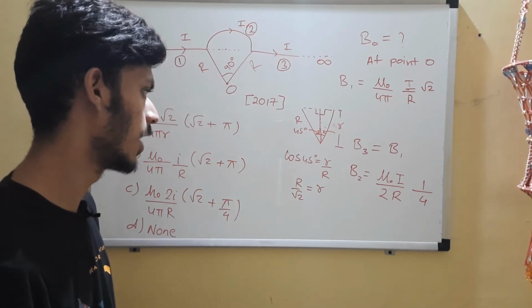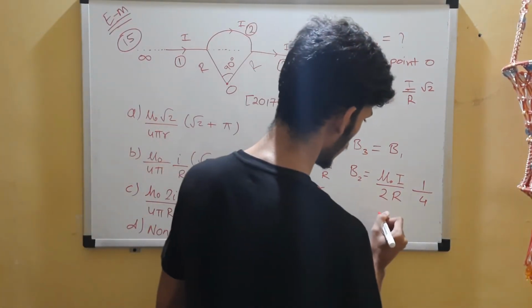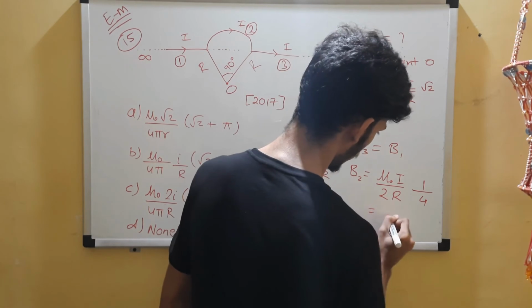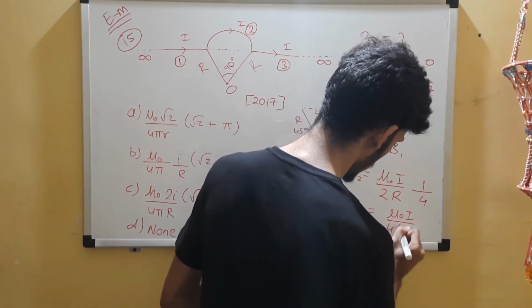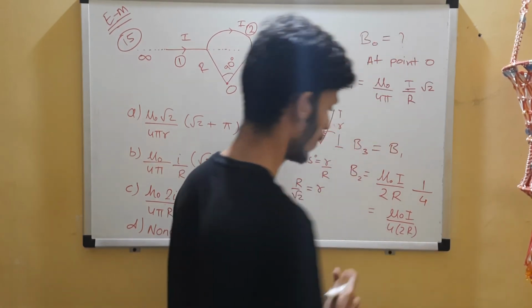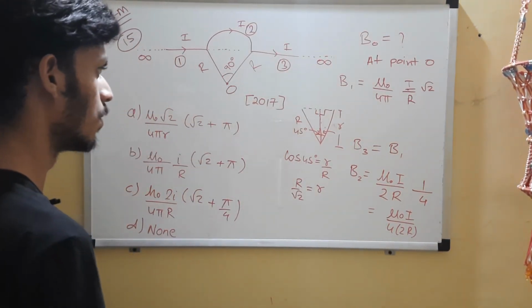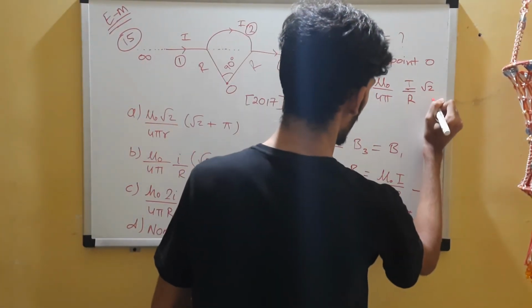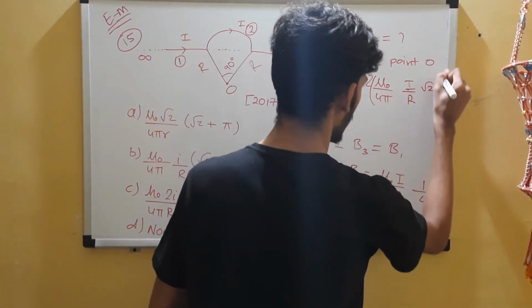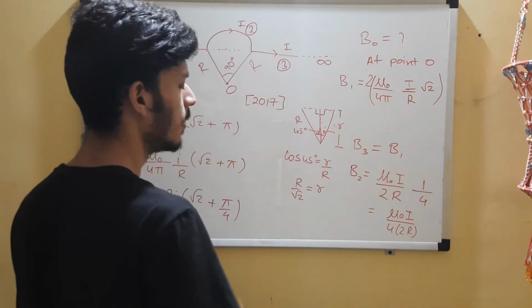Okay, so that will give you the same thing. So B2 is mu 0 I, I'll write it in this way. So what I will do, I will just multiply this by 2, because B3 is equal to B1.